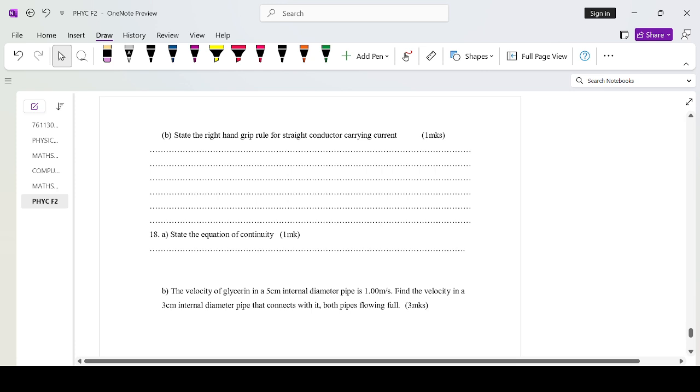State the right hand grip rule for a straight conductor carrying current.